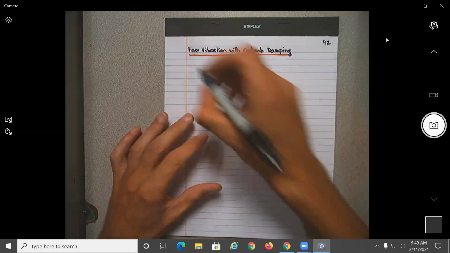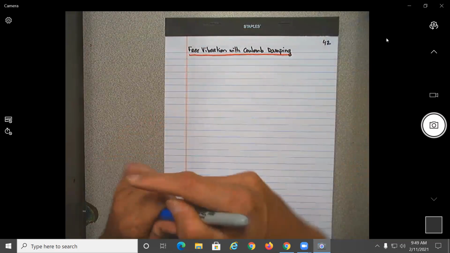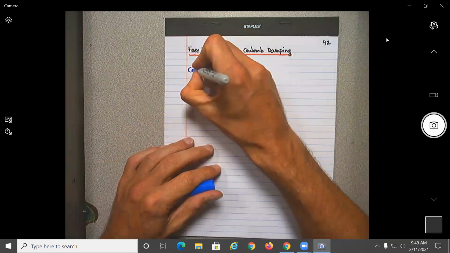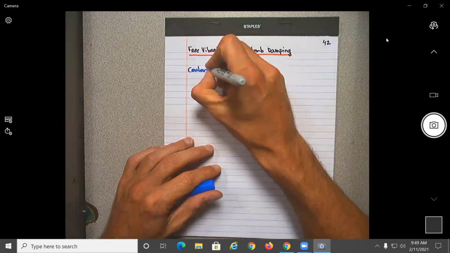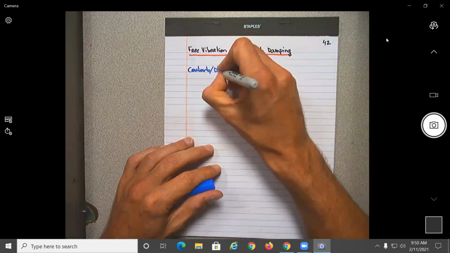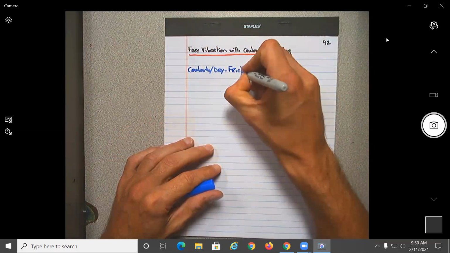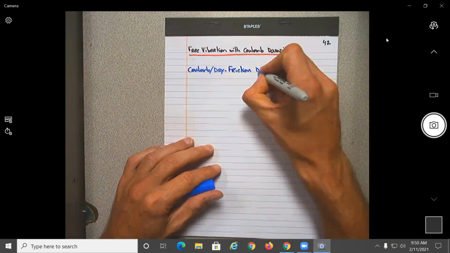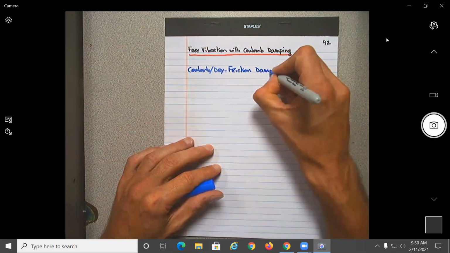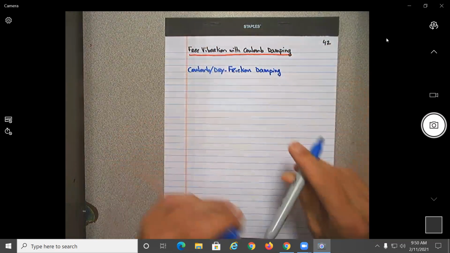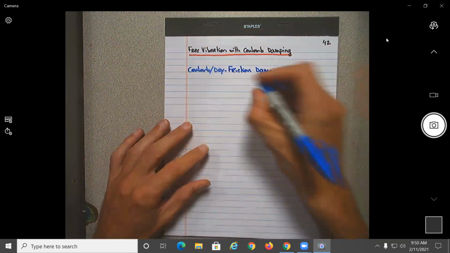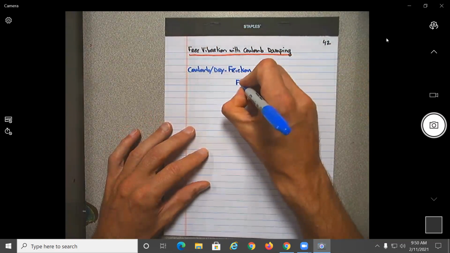Okay, so we saw that the Coulomb, or dry friction damping, the one you use in statics, is given by what?